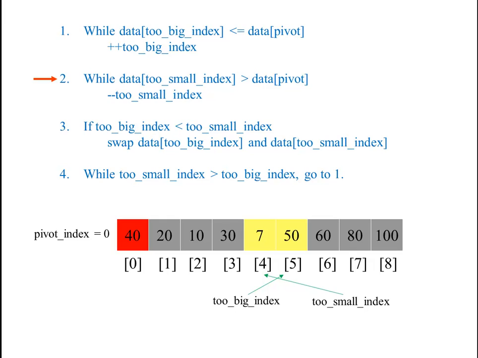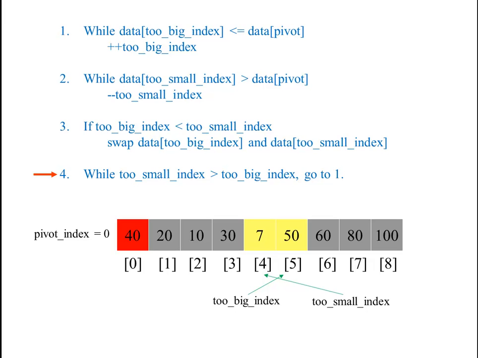Now once this loop stops, the next statement says that if the big index is less than the small index. Is it less than the small index? No, it is not. So this time statement number 3 doesn't do anything. Now we go to statement number 4, which says that if the small index is greater than the big index, then go to 1.